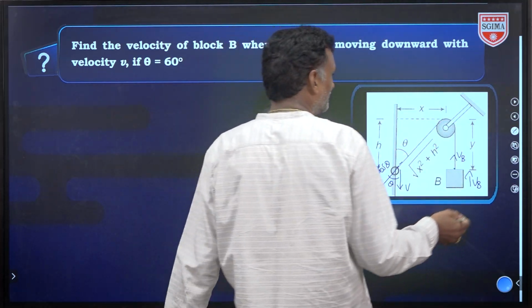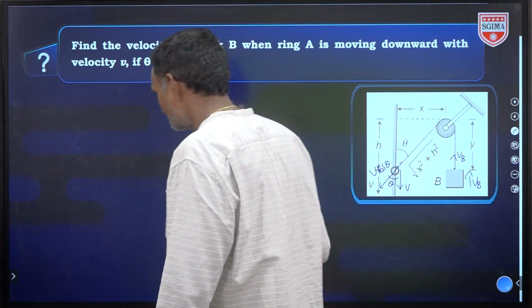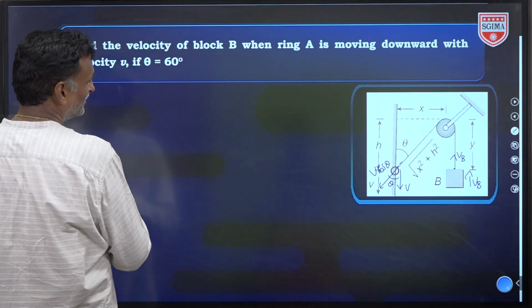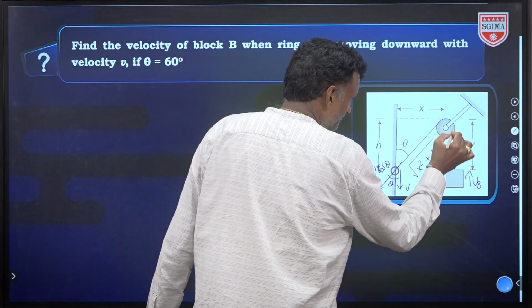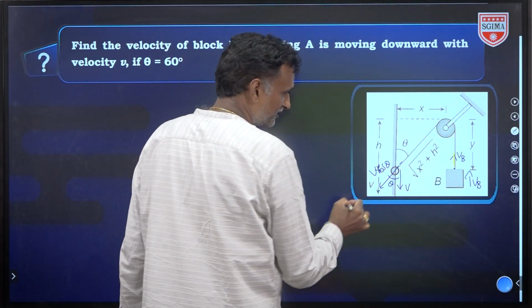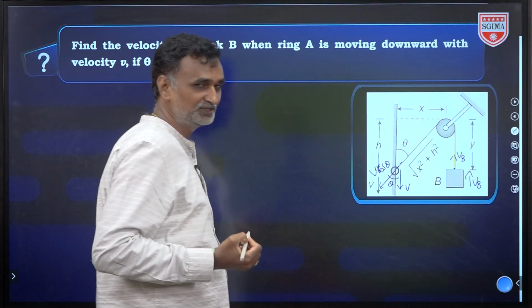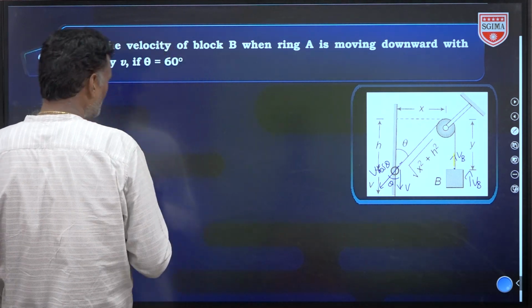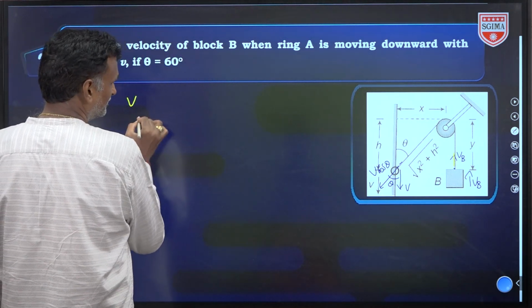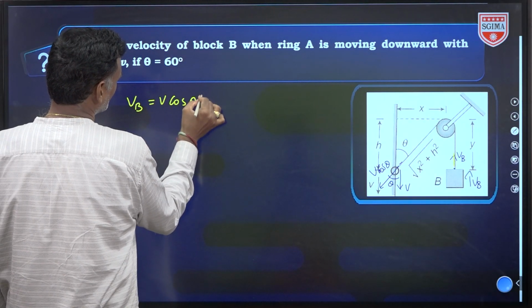Then we can write the simple relation along the string, in the same direction. So that is the answer. Now, let us take VB equals V cos theta. That is it.